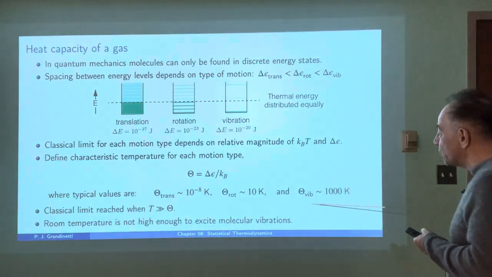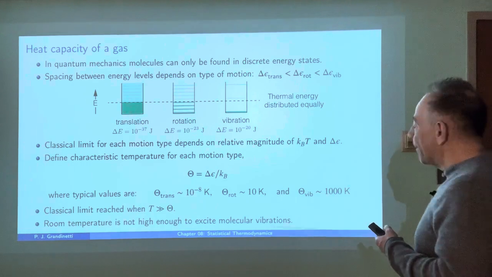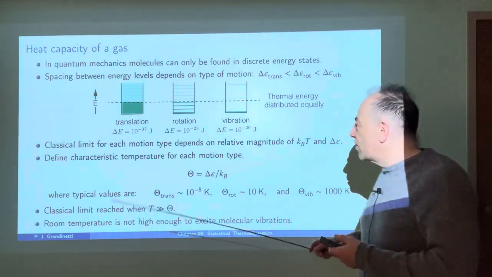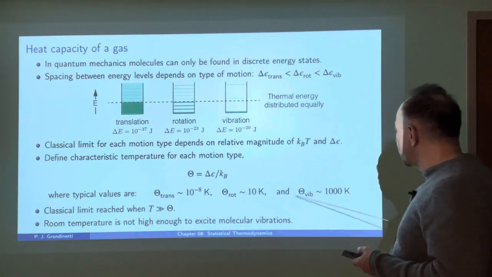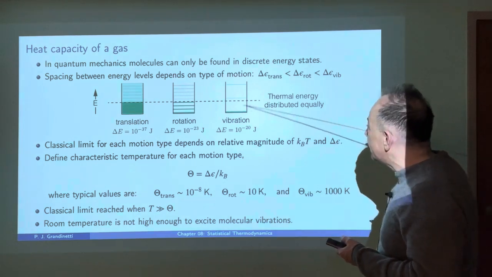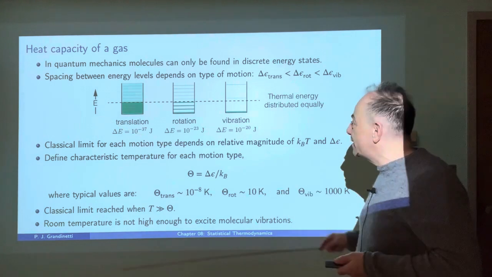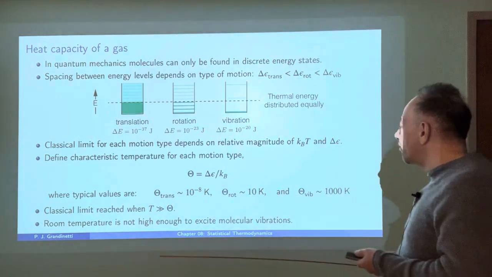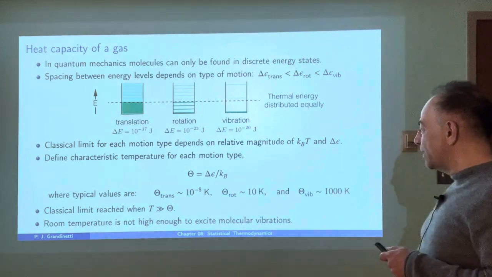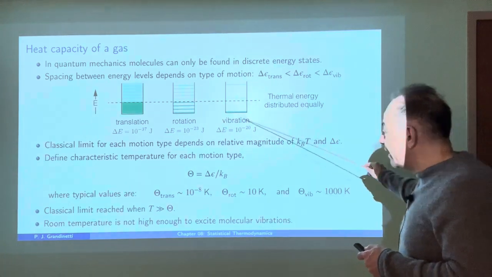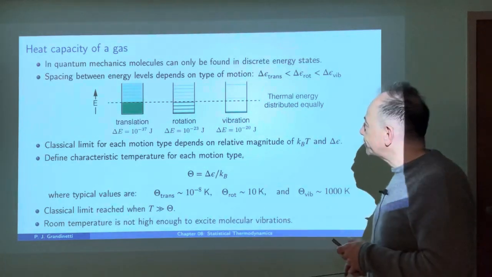But on the vibrational side, this characteristic temperature is much higher, so you have to get to really high temperatures before you can excite into these levels as if it was a continuum of energy levels. That's why it wasn't seen at room temperature. It wasn't high enough to excite these molecular vibrations.